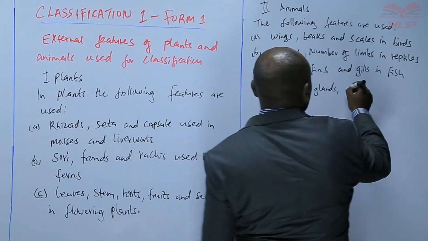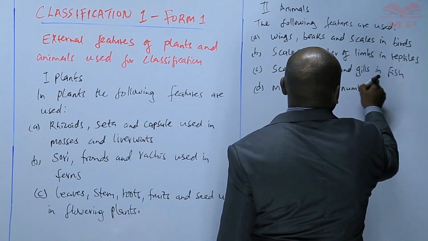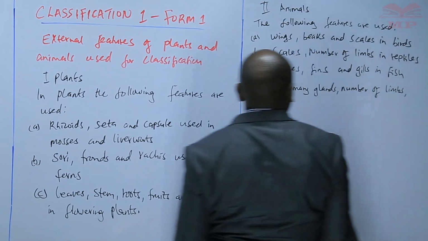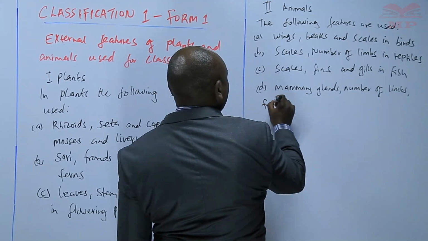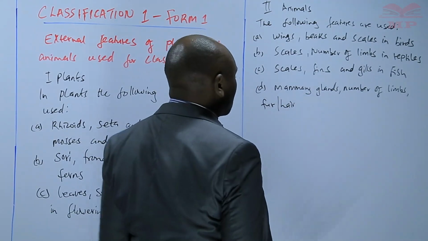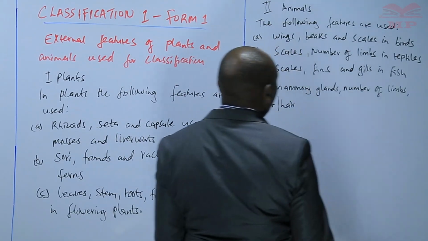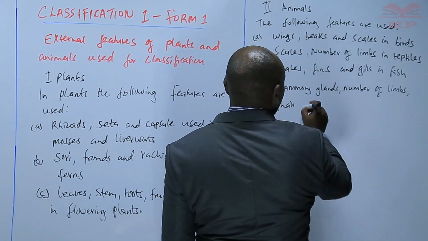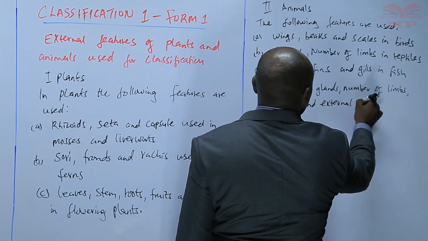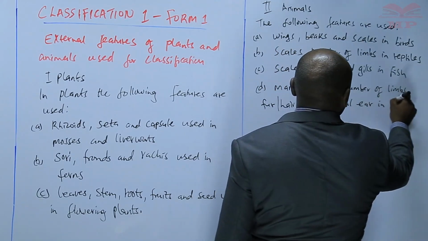We use the number of limbs. We use the fur or hair. We even use an external ear in mammals.